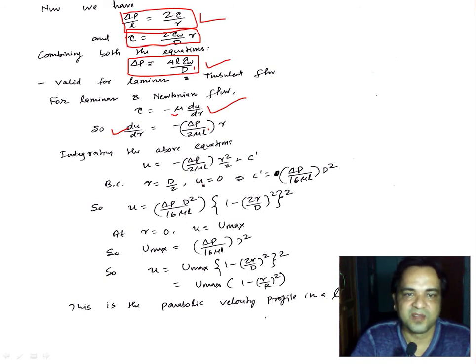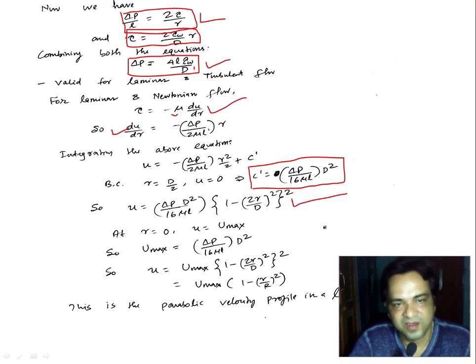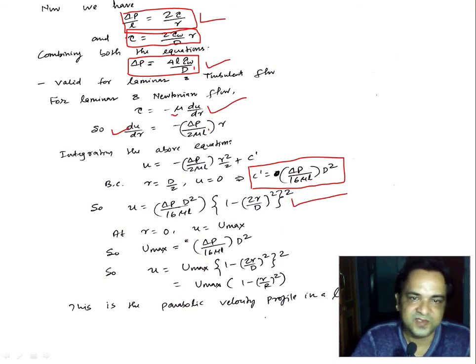The velocity at the wall is 0 due to the no-slip boundary condition, so at r equal to D by 2, u equals 0. So you will get the value of the constant. Now put this value here, and we get the expression for the velocity profile.